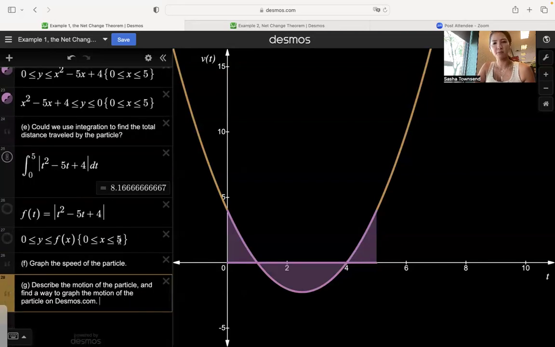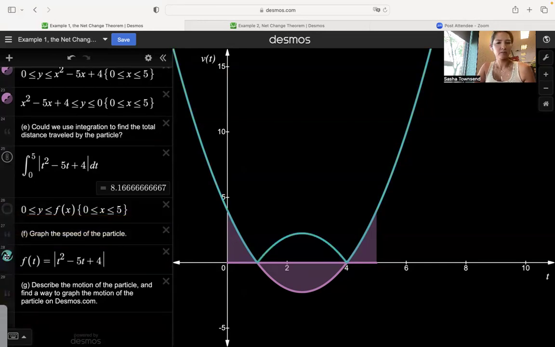Okay, then we said graph the speed of the particle. We've already done that. That's the speed. And then it says describe the motion of the particle and find a way to graph the motion of the particle on desmos.com. Ooh, it's kind of fun.